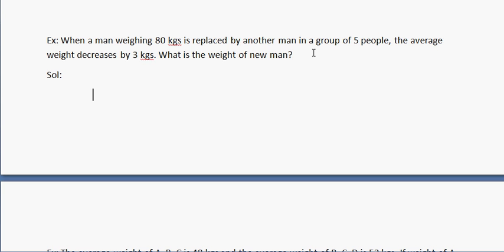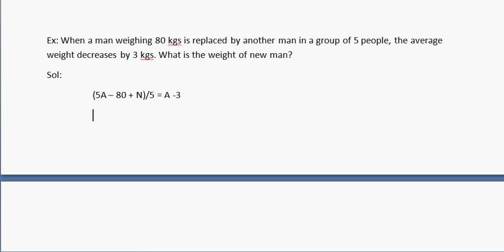It says that the average weight is decreased by 3 kgs. So if the average was A, let's do it in a long way, then we'll see the mental trick. So the average was A, total weight would be 5A. Now if the 80 kg man left and a new man, let's say with a weight N, enters, the new average would become this divided by 5, which is 3 less than the existing average, right?